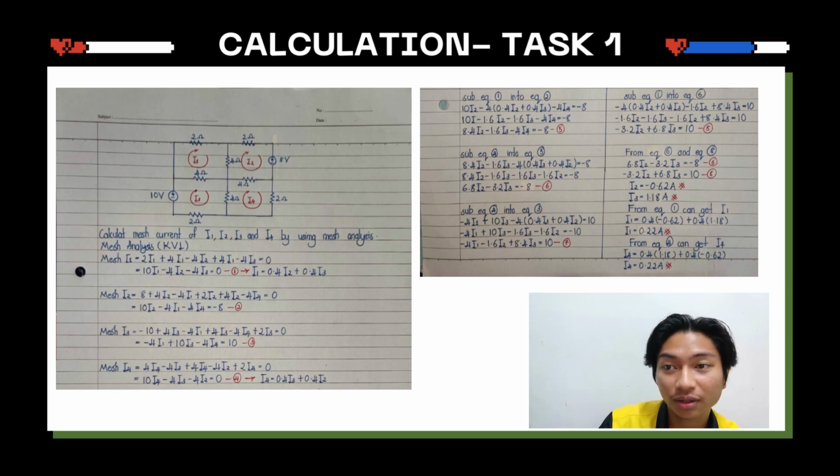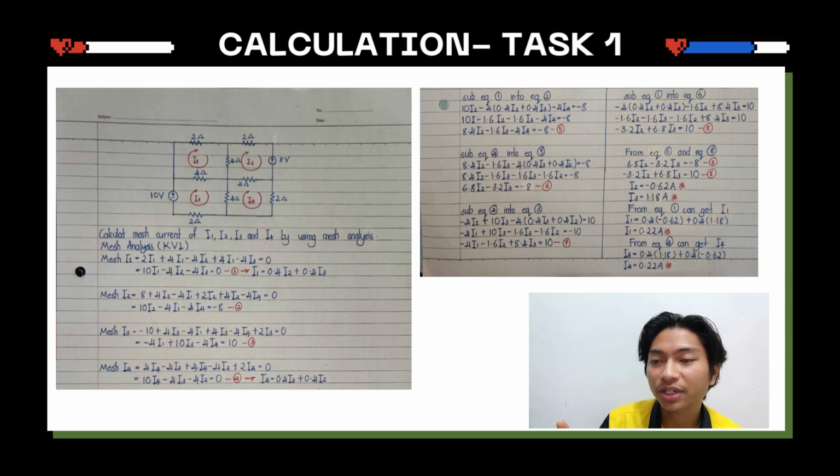So negative 10 plus 4I3 minus 4I1 plus 4I3 minus 4I4 plus 2I3 equal to 0. And the final equation is negative 4I1 plus 10I3 minus 4I4 equal to 10.